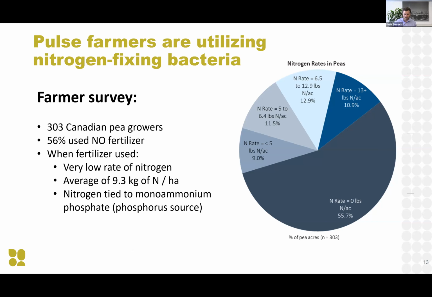Maybe because the inoculants don't work well in their cropping system, or for whatever reason. It could be wet soils. But in our case, we're using these. The adoption rate is high, and therefore the fertilizer rates, especially for nitrogen, on those pulse crops are very low. If anything, they're just tied to the monoammonium phosphate or maybe ammonium sulfate that's applied to the crop that's being grown.